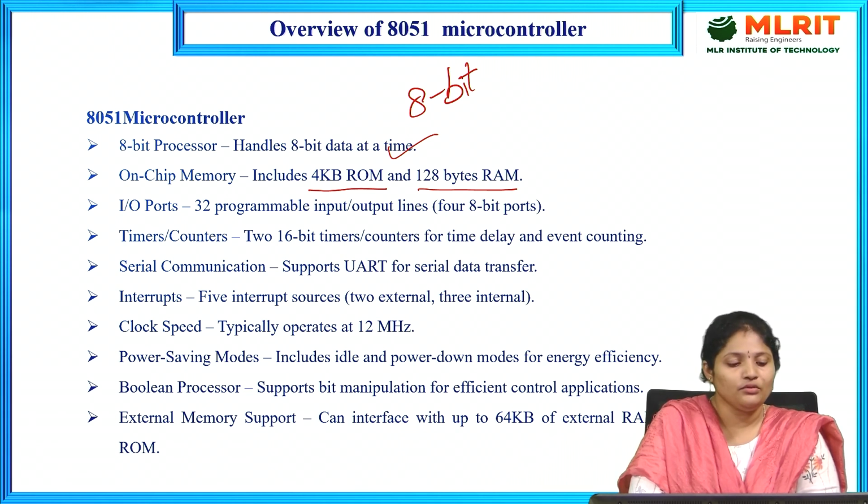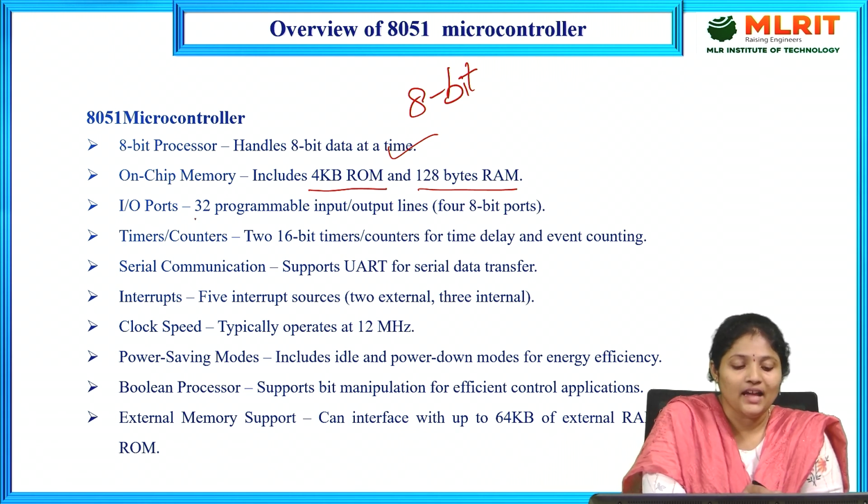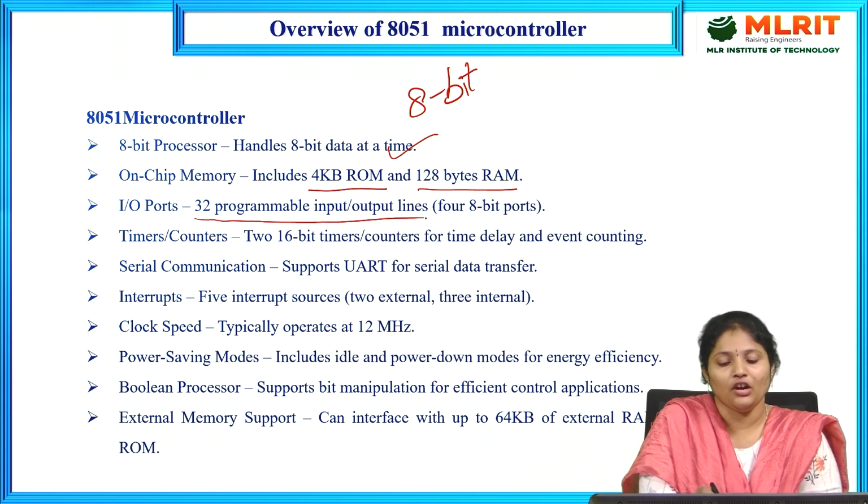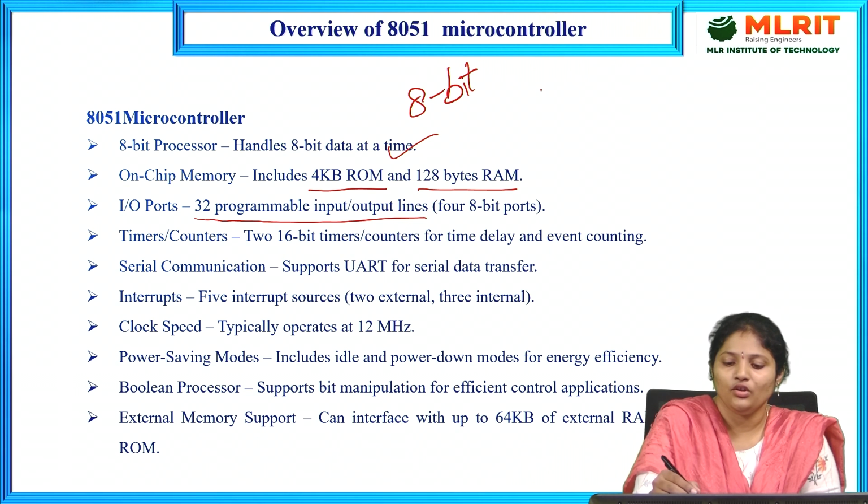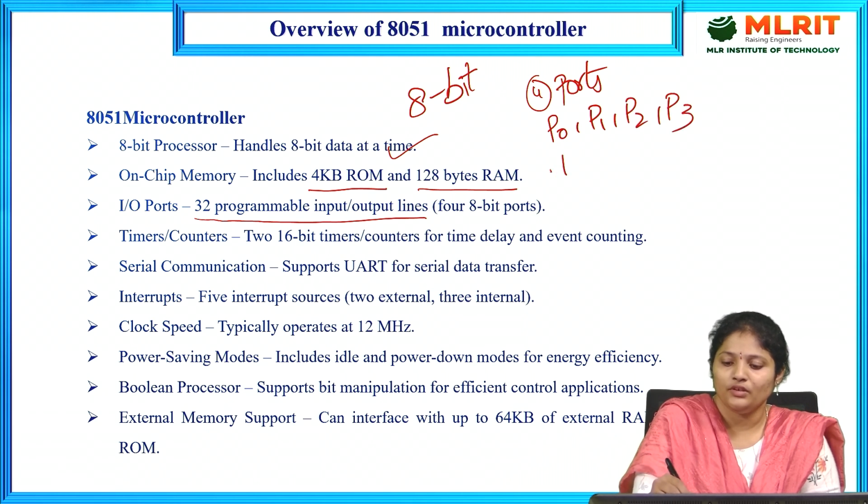Coming to the input-output ports, it has 32 programmable input-output lines. These 32 input-output lines are divided into 4 ports: port 0, port 1, port 2, port 3, and each port has 8 bits, P0.0 to P0.7.